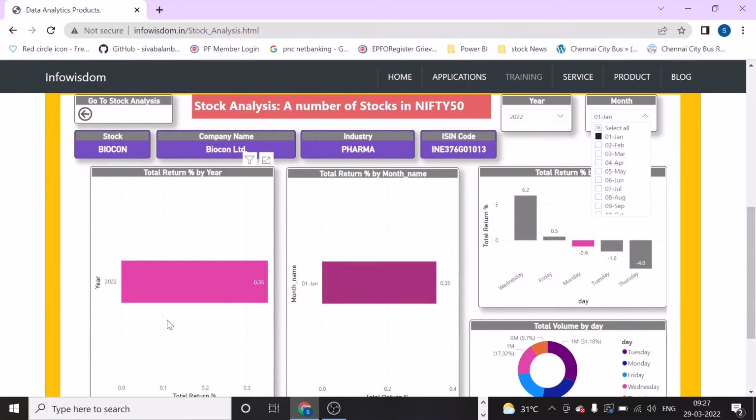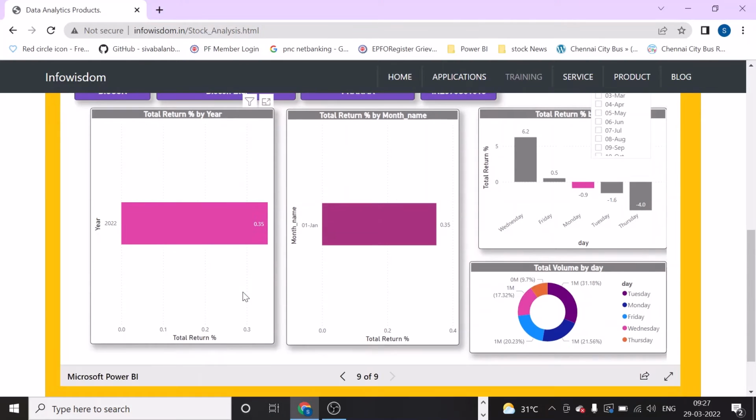In January this gives 0.35 percentage return, and then the volume by month, this is for the year, because we have taken only the year. Both will show you the same result, and this is for various days, and this is for various days in the volume change you can find out.